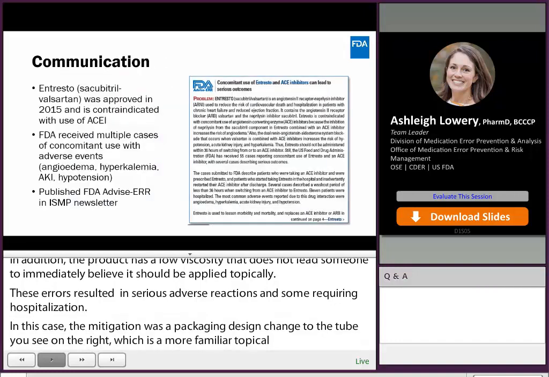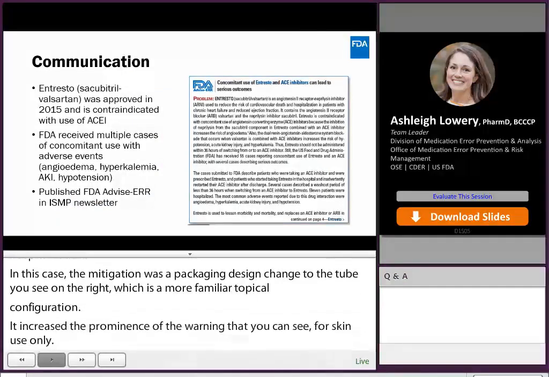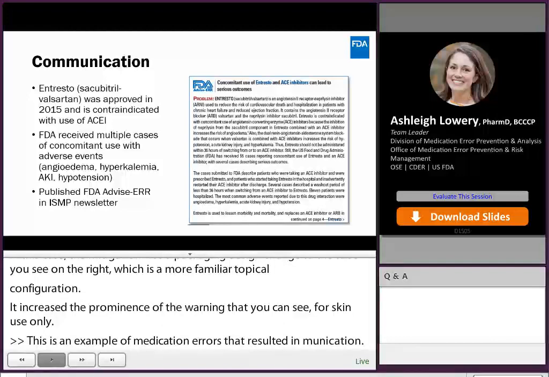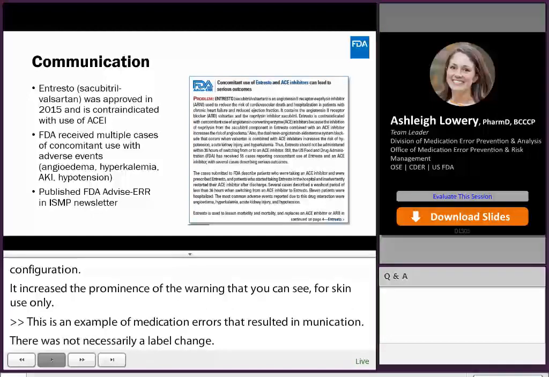This is an example of medication errors that resulted in communication, but not necessarily a labeling change. So Entresto was approved in 2015 and is contraindicated with the use of ACE inhibitors. However, FDA received multiple cases of concomitant use with adverse events reported that included angioedema, hyperkalemia, acute kidney injury, and hypotension.